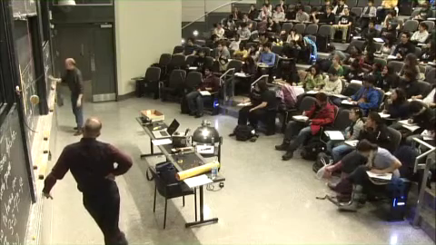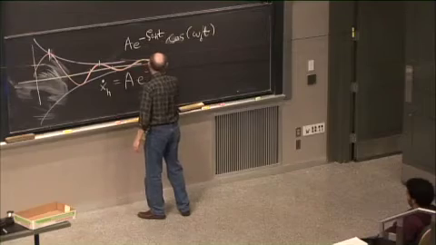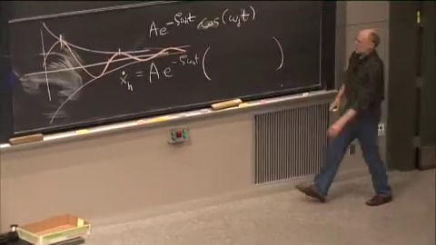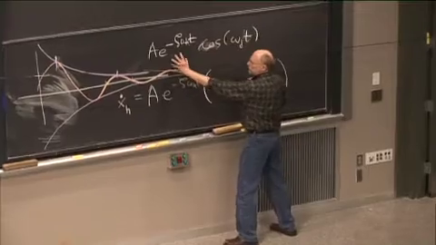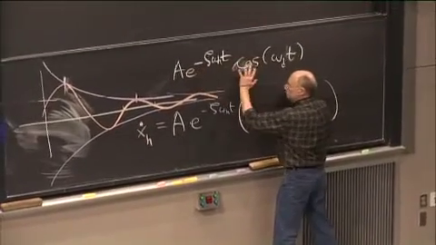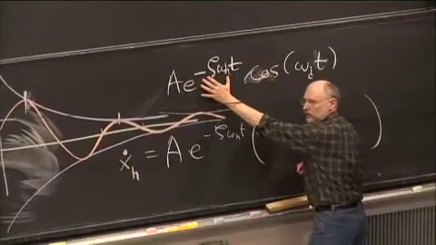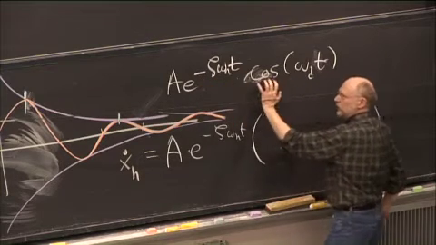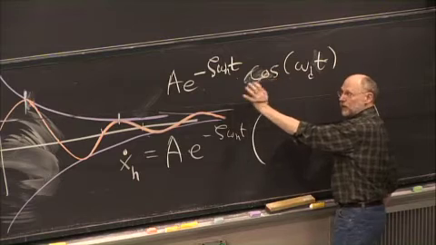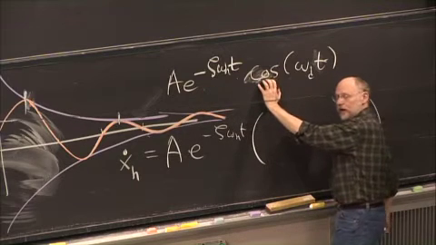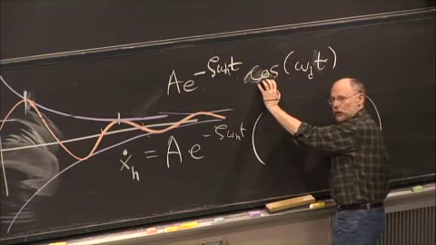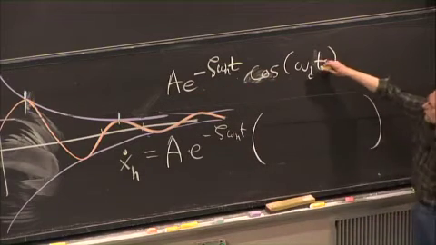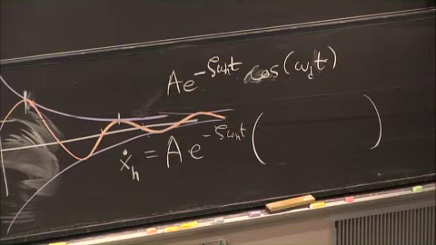So this is going to be A times e to the minus zeta omega n t. And then what are we going to get? Well, in the product rule, if I differentiate this part, I'm going to get cosine times this bit. When I take this times the derivative of this, I'm going to get the same exponential times sine. Both terms involve this exponential and a sinusoidal function of circular frequency omega d.